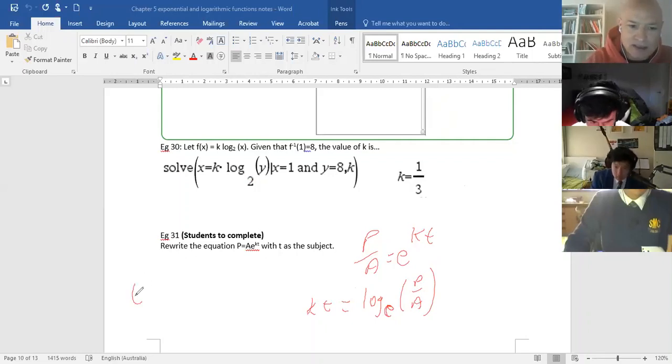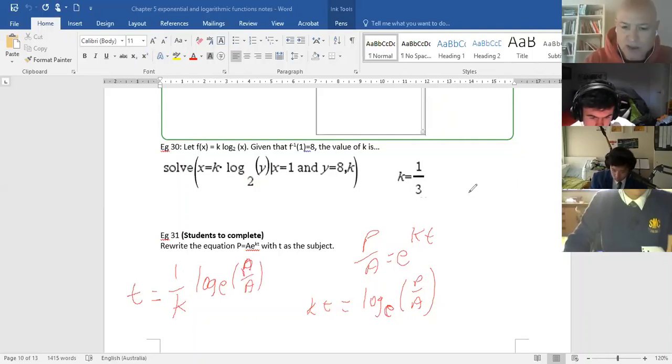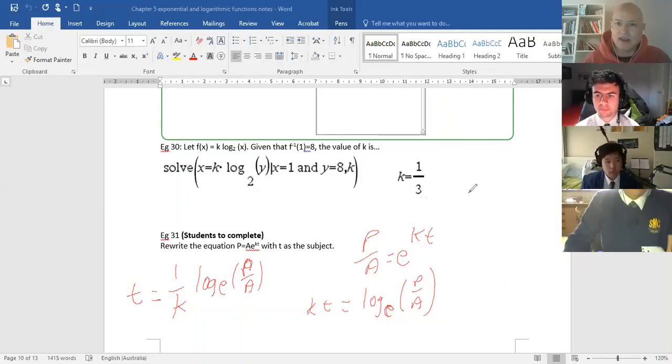So I get t equals, and I'm just going to put it as a fraction outside, log e of p divided by a. I could have done log e of p divided by a, all divided by k, it doesn't matter. I like to leave it as a fraction, but you don't need to. Any questions on that one? Okay, I'll clear this one.